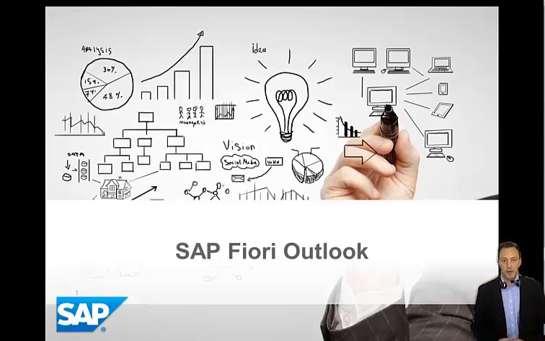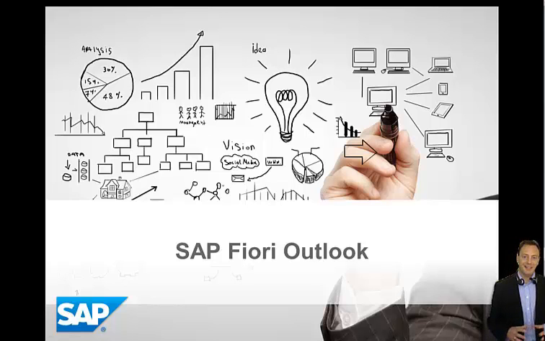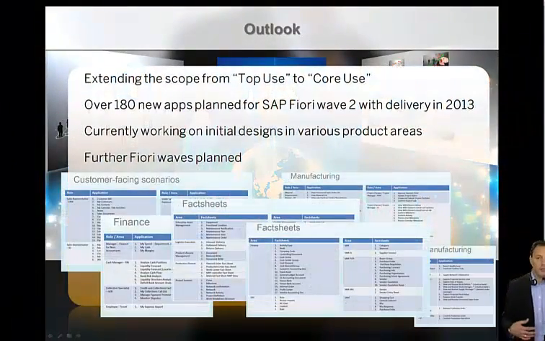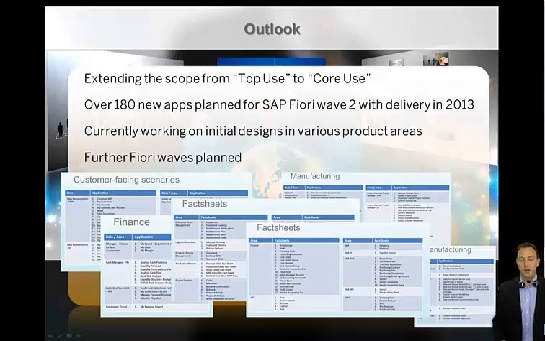We've got a co-innovation program that's currently running, and we're still looking at what needs to be extended, which other parts of the solution, such as CRM, Suite on HANA, for example, and what we can do to extend Fiori moving forward. So what we're going to see by the end of this year is over 180 different scenarios which are going to be delivered in what we call discrete packages.